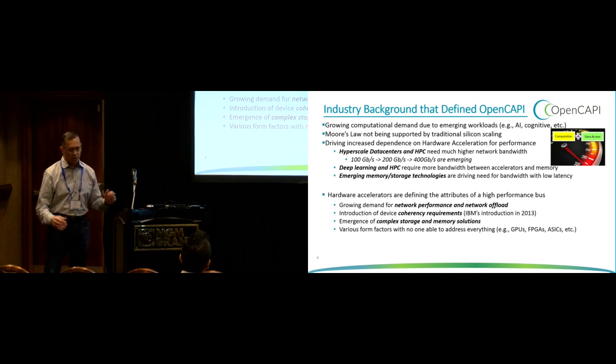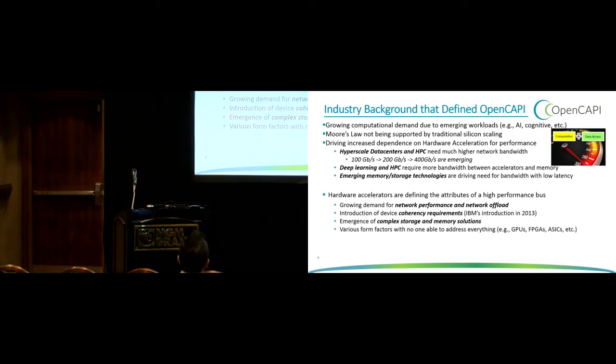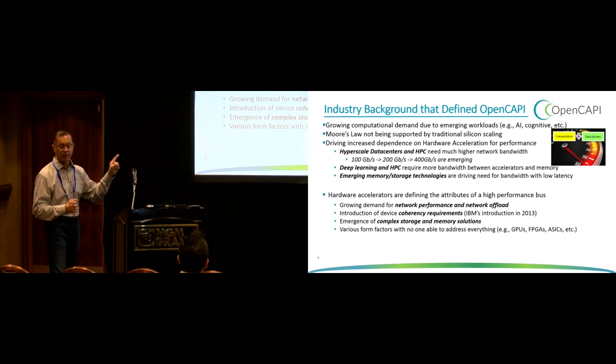These workloads are now driving what we need, because if you're going to use accelerators, you have to get stuff in and out fast, and in huge chunks. So you're going to need a bus to support it, and these accelerators essentially define the characteristics of what that bus needs to look like.